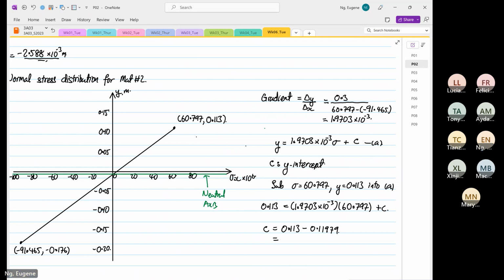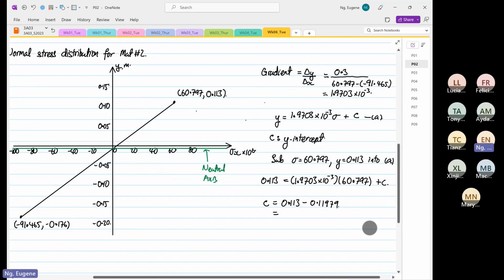Wait, 0.3 is the y-intercept. 1.9703 is correct. So y equals 1.9703 times 10 to the power minus 3 times the stress plus C. With stress 60.797 and y equal to 0.113, this should be more straightforward, but I'm not getting the right answer.